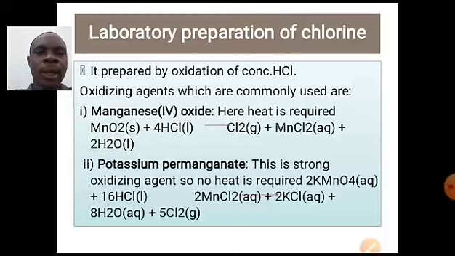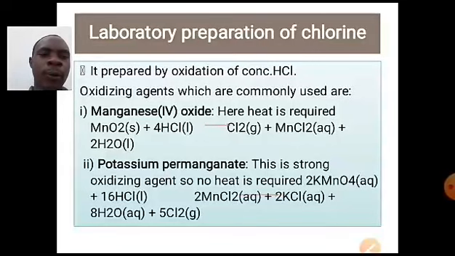The oxidation process takes place with an oxidizing agent such as manganese oxide or potassium permanganate. When you are using manganese oxide to prepare chlorine, you are supposed to apply heat. But when you are using potassium permanganate, there is no need of it because potassium permanganate is a strong oxidizing agent.